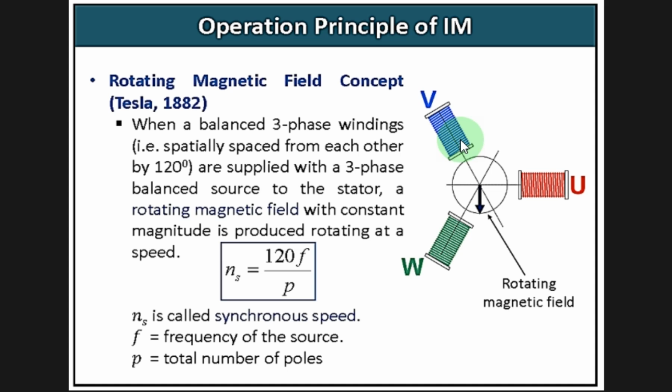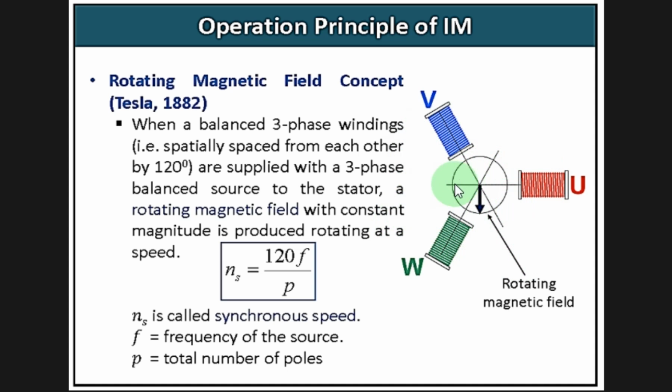In addition, we keep 3 coils physically 120 degrees apart, and then they are supplied with 3-phase current. Then we can show that a rotating magnetic field is generated.